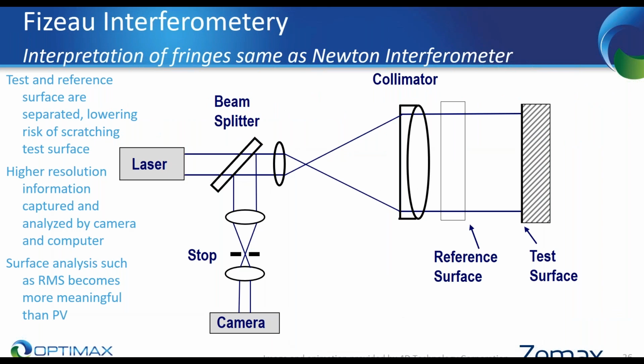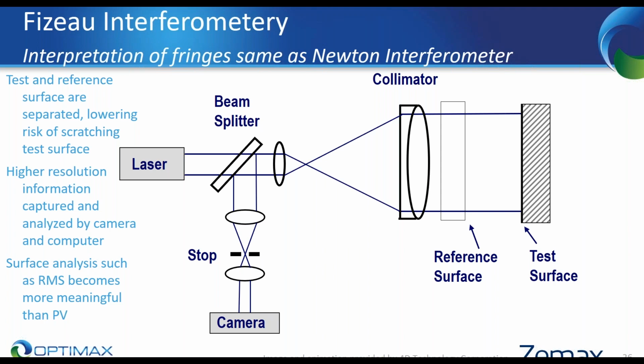But moving forward into Fizeau interferometry, this has the same interpretation of fringes as a Newton interferometer, so it lent itself very well to integration into the optics fabrication shop. But what was nice about this, and you can see from the image here, is that you have the test and reference surface now separated.